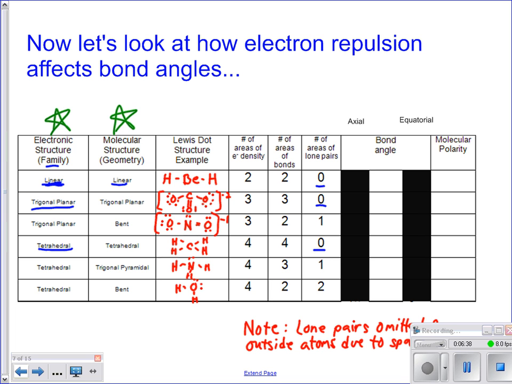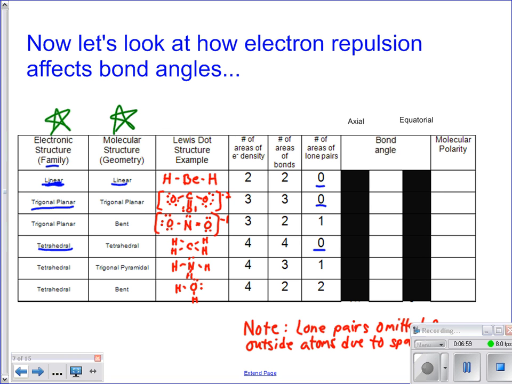The molecular structure, if there are no lone pairs, is named exactly the same as the electronic structure. But if there are lone pairs, then it takes on a different name because of those lone pairs of electrons repelling and pushing away those other atoms or lone pairs.